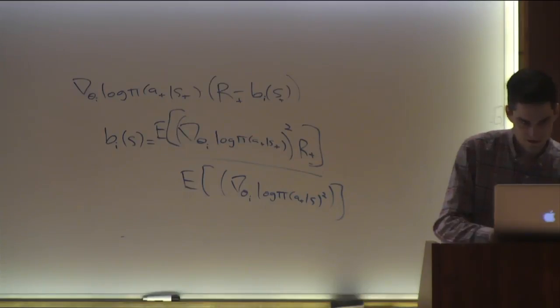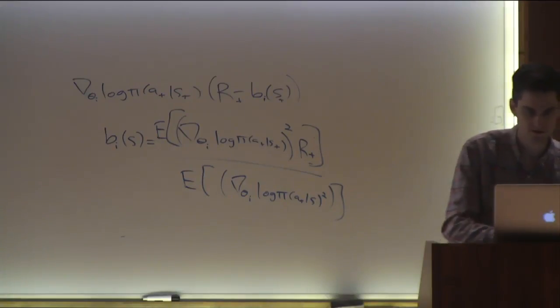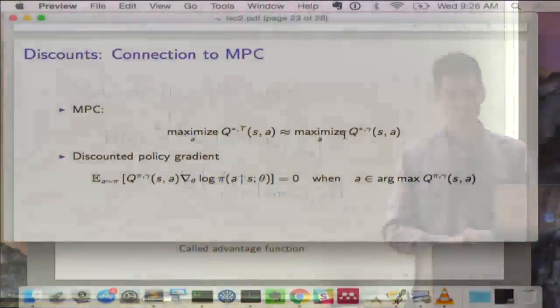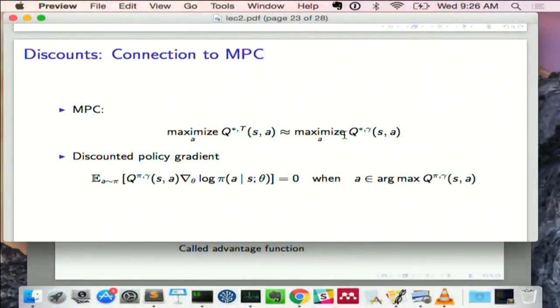And also, I was making a claim about MPC, which is in the next lecture. I was making the claim that when you do policy gradients with discounts, that's related to MPC. Because if you're at the policy where this discounted policy gradient is 0, then that means you have the optimal policy according to the gamma discounted return.